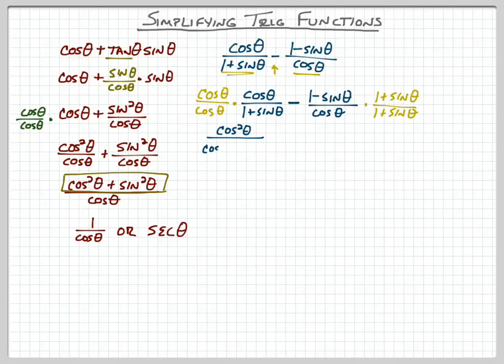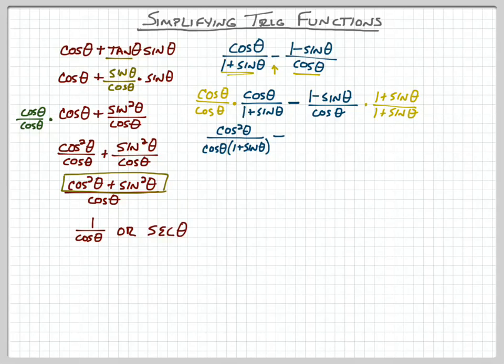So we'll have cosine squared theta over cosine times 1 plus sine theta minus, now I could distribute that cosine theta, but I'm going to hold off just to see if something else jumps out at me once I combine my numerators. If nothing jumps out, then we'll distribute. We're going to subtract now 1 minus sine theta times 1 plus sine theta over cosine times 1 plus sine theta.